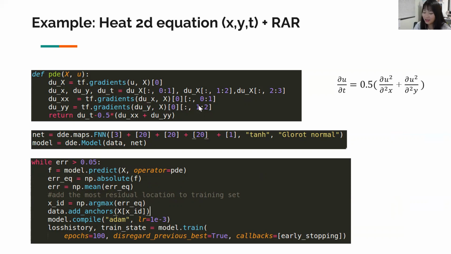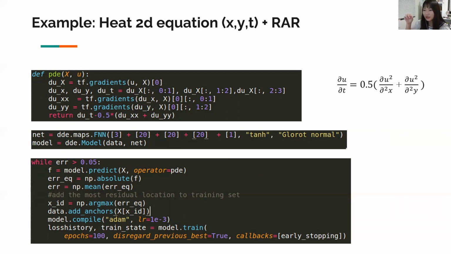And here I can have a short talk about what RAR is. After I train the model for several epochs, I pick those points which have the most residual, meaning that they have the most prediction error, the most loss from the PDE equation.